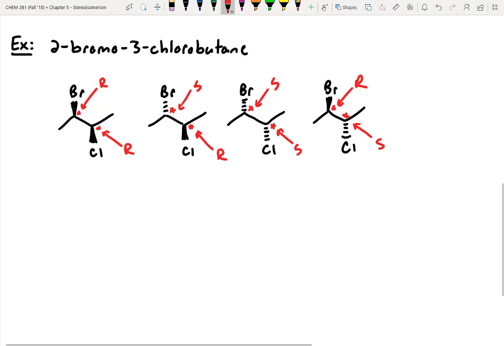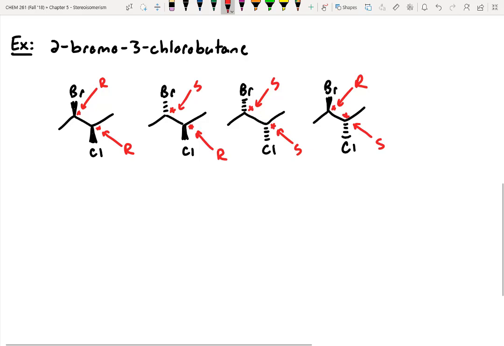Next question, which of these are chiral? Or we could ask the opposite question, which of these are not chiral? Do any of them have an internal plane of symmetry? No, I don't think so. And they have stereocenters.